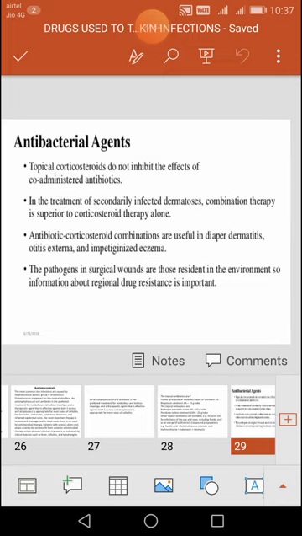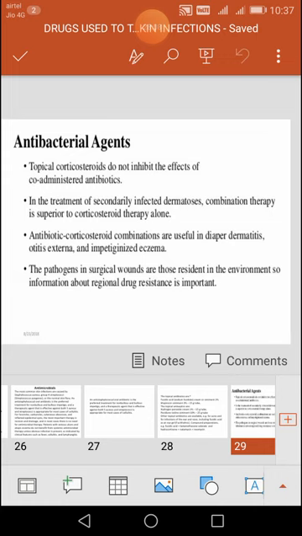Then comes antibacterial agents. These topical corticosteroids do not inhibit the effects of co-administered antibiotics. In the treatment of secondarily infected dermatitis, combination therapy is very much required.